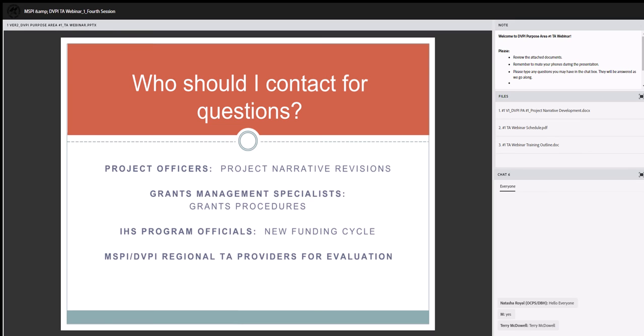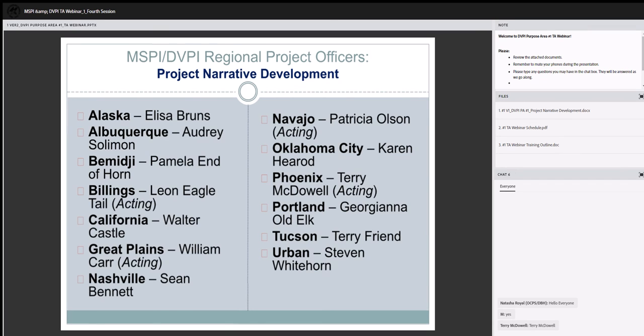And who should you contact if you have questions? Like I said, number 1 is your project officer, grants management specialist for grant questions, and IHS program officials. So who are these people? So here are the MSPI, DVPI regional project officers for each of your areas.